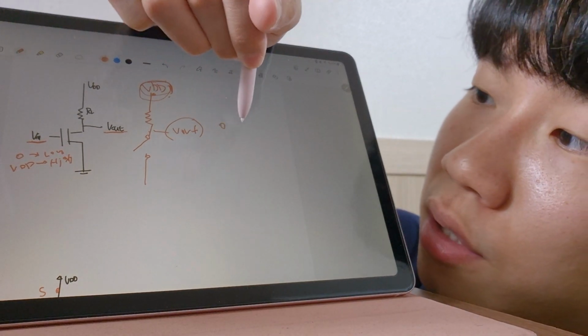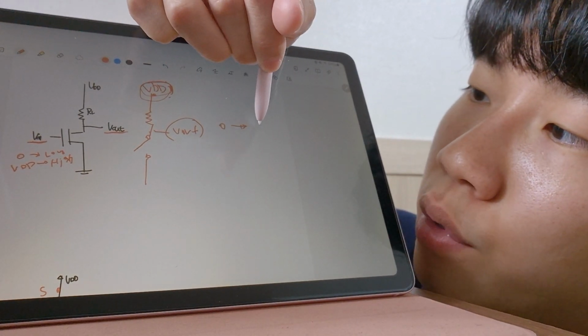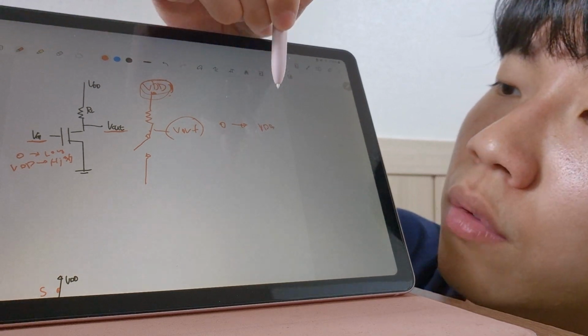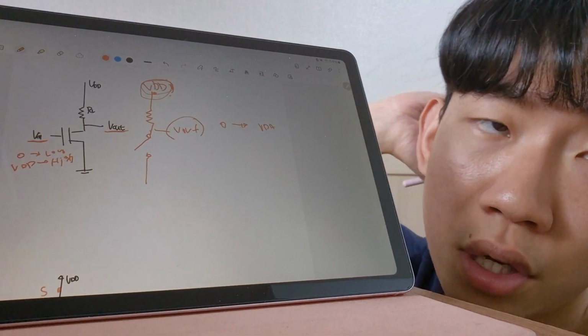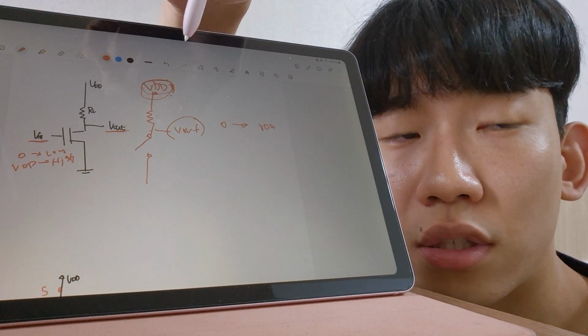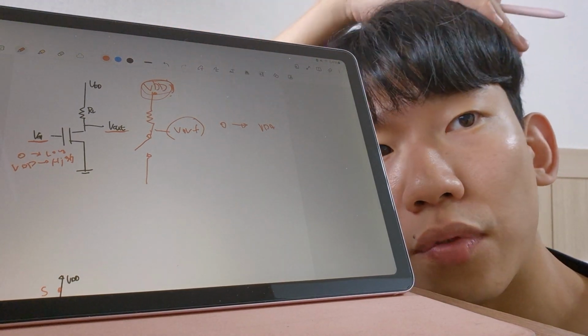So the input voltage is 0 and the output voltage is VDD.